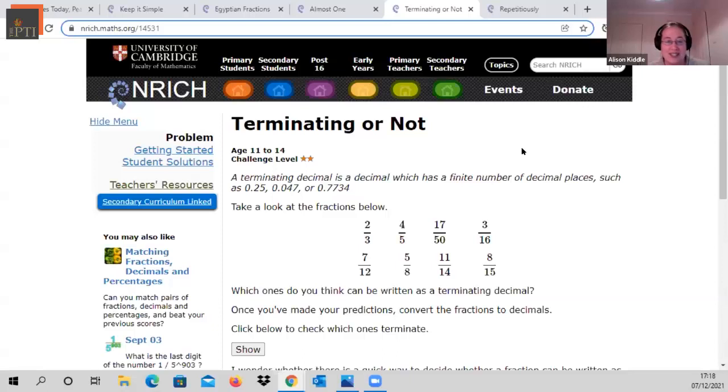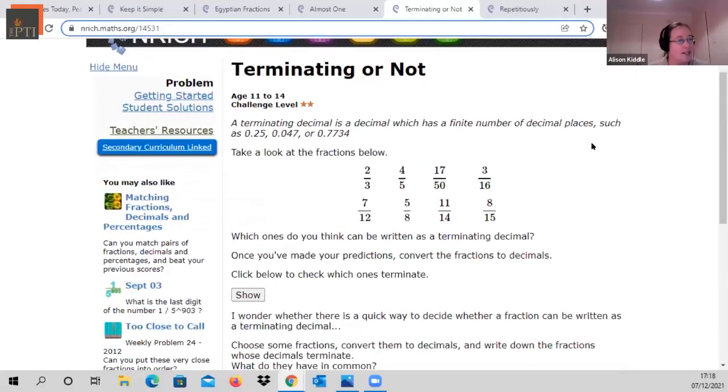Okay, so we've just talked a little bit about converting between fractions and decimals. One thing that comes up for students slightly older is the idea of turning a recurring decimal into a fraction. And so you have to have this idea of which fractions can and can't be written as terminating or as recurring. There's a couple of problems on Enrich that aim to tackle that.